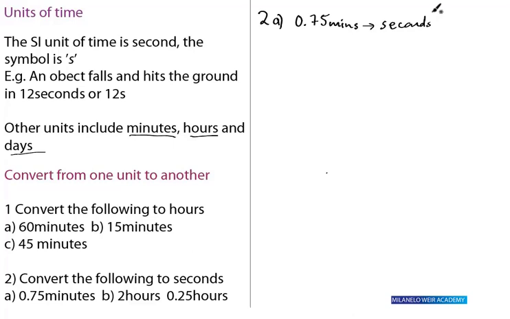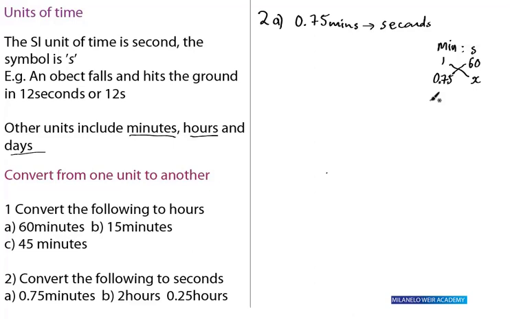We start by writing the ratio, minutes to seconds. So 1 minute is 60 seconds, right? So how about 0.75? How many seconds is that? x. What do we do? We cross multiply.